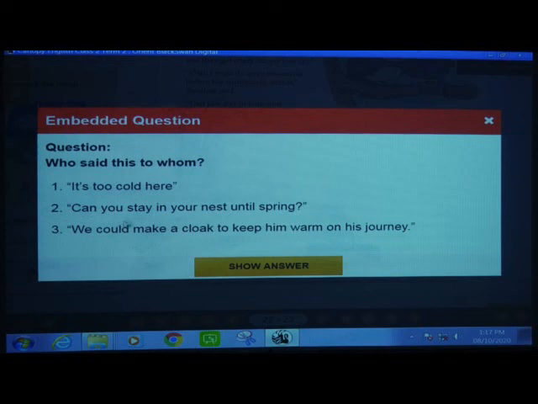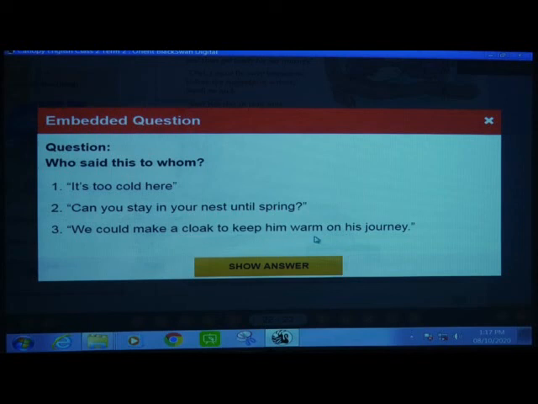Can you stay in your nest until spring? Who said this? Owl. Very good. But to whom did he say it? To the Swallow. We could make a cloak to keep him warm on his journey.